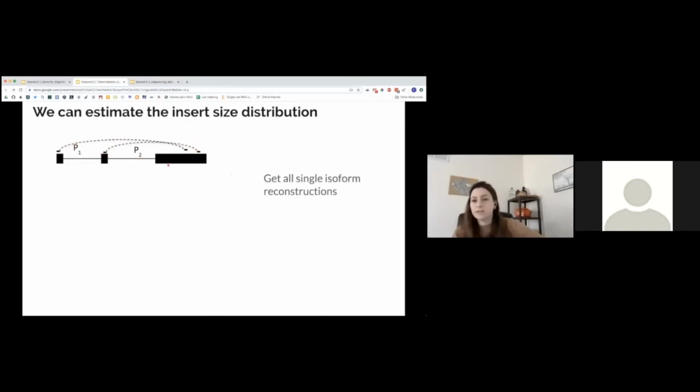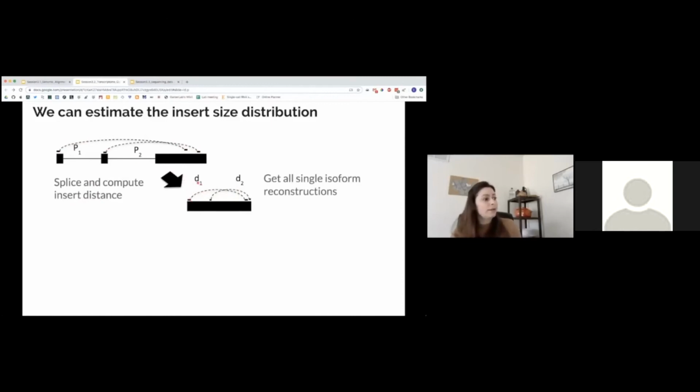And they map to different exons of this imaginary transcript. So first you have to perform a computational splicing and compute the insert distance. So you're not going to calculate the distance based on the genomic distance, but you're going to calculate it once this transcript is processed, because the majority of your mRNA will be mature in your sample.